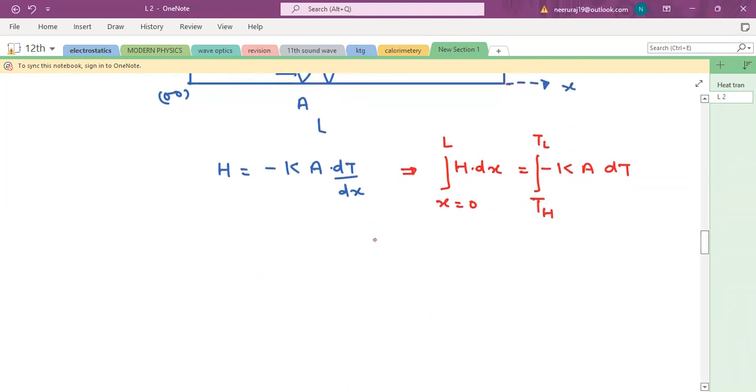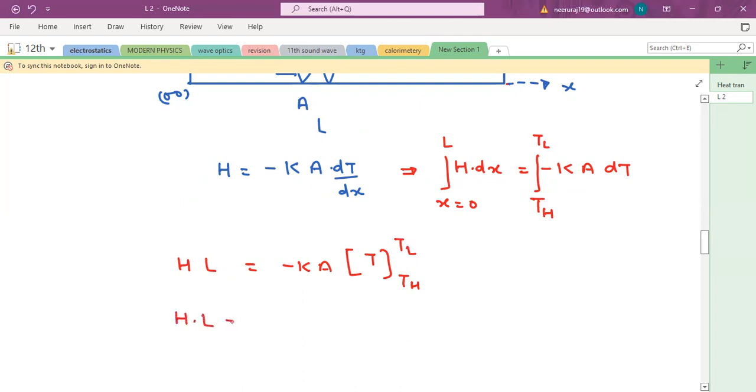That's all. So on the left hand side we get H, and this side becomes L equals to minus Ka into, this side becomes T, and the lower limit is TH, upper limit is T. So how much are we getting?